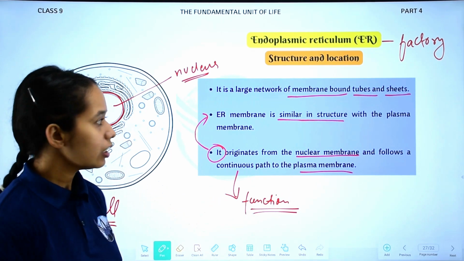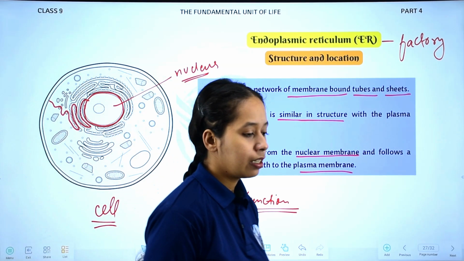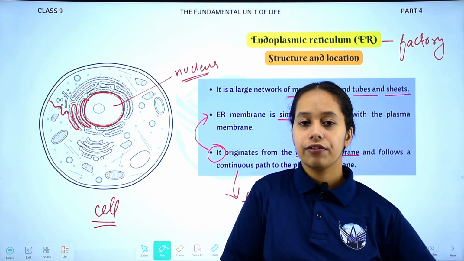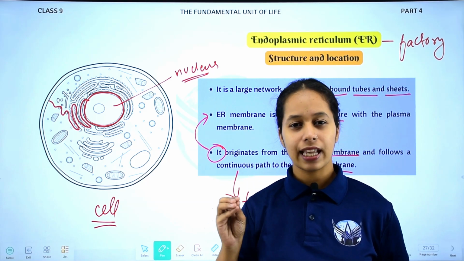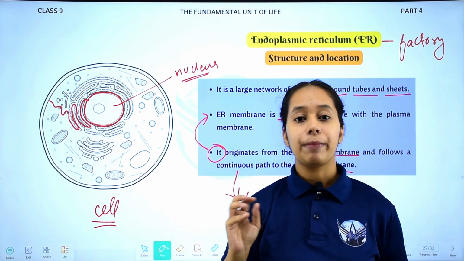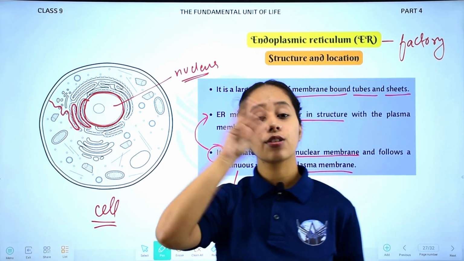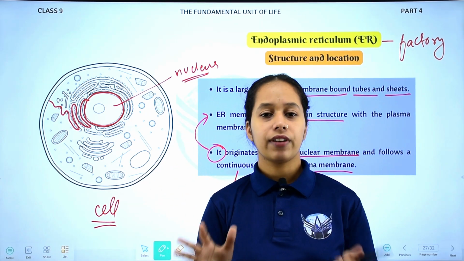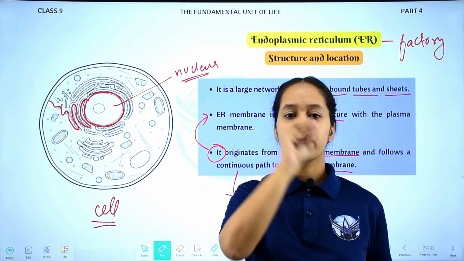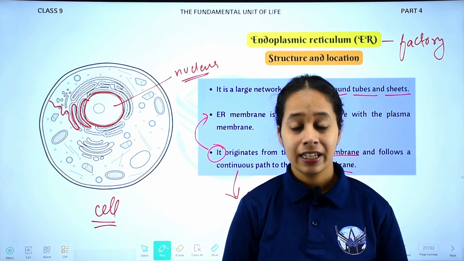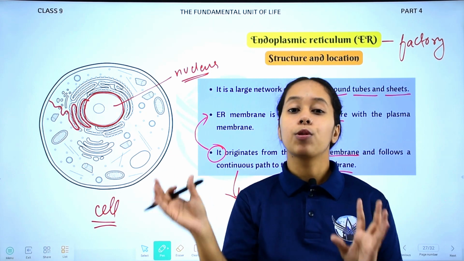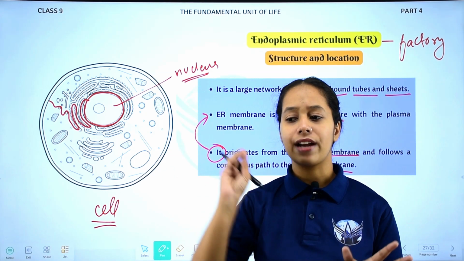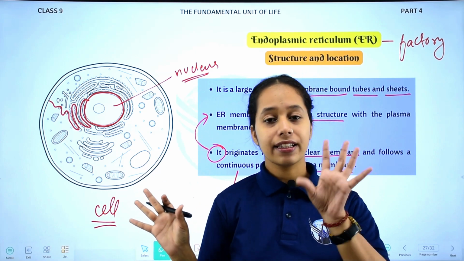Now in some endoplasmic reticulum, we will find that there are tiny particles embedded in its membrane, embedded in its structure, and then we will find some ER which do not have these tiny particles embedded in it. These tiny particles are ribosomes. So some ER has ribosomes attached to its surface and some ER do not.